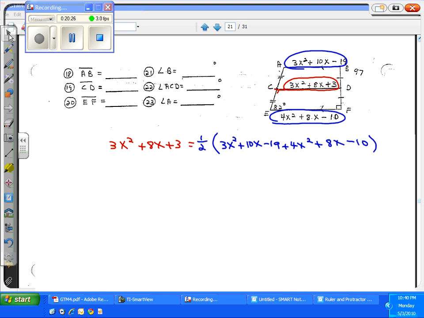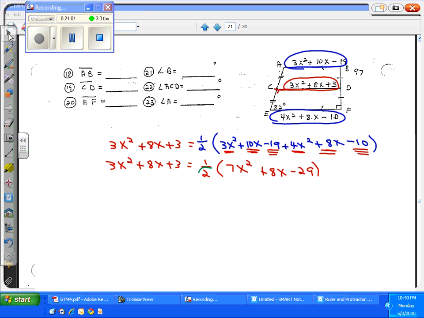Now, to solve, the first thing we would do is combine like terms within that parenthesis. And so we would have 3x squared plus 8x plus 3 equal 1/2 times, combine our x squared, 7x squared, combine our x's, 18x, combine our numbers, minus 29.